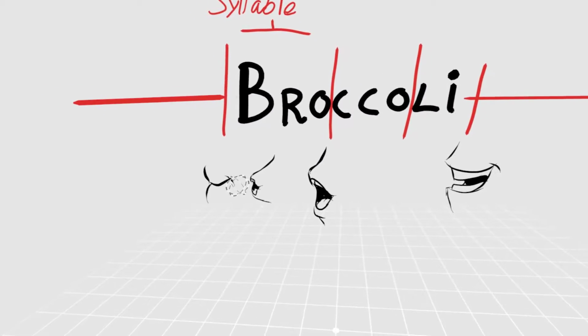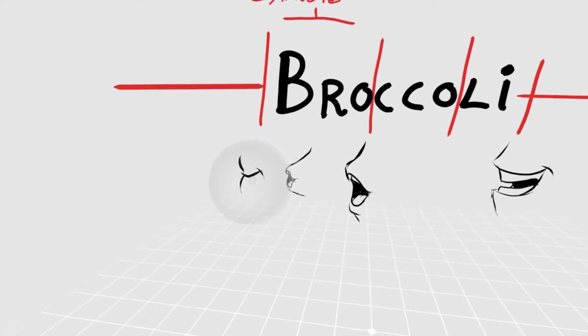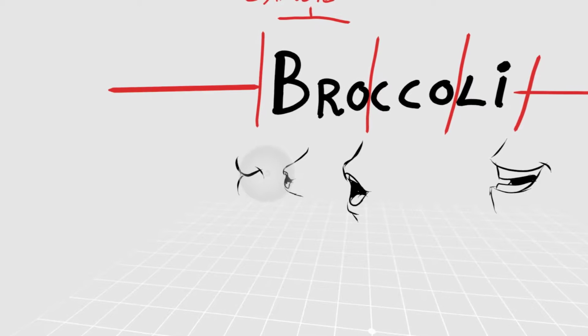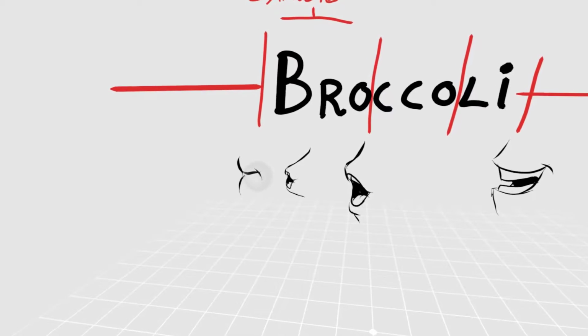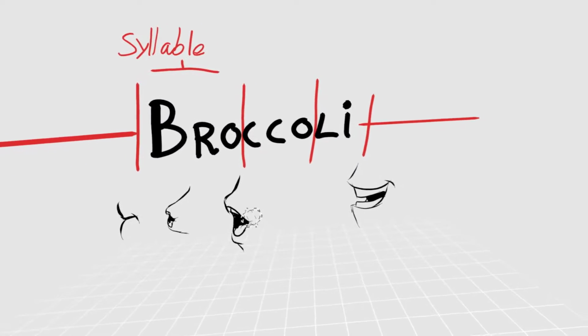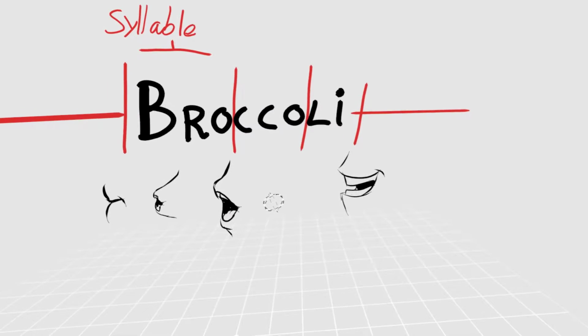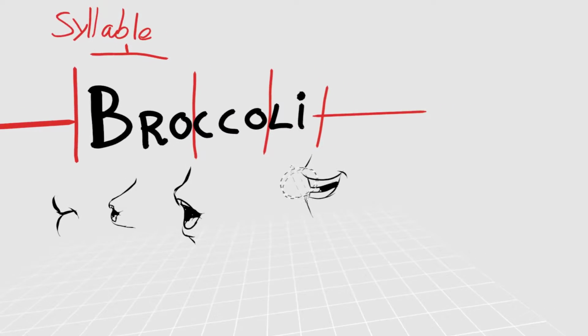So actually, the B could be really closer to the U. Make it smaller. Bra. And then from here to here is transitional. So we're gonna find some sort of in between.